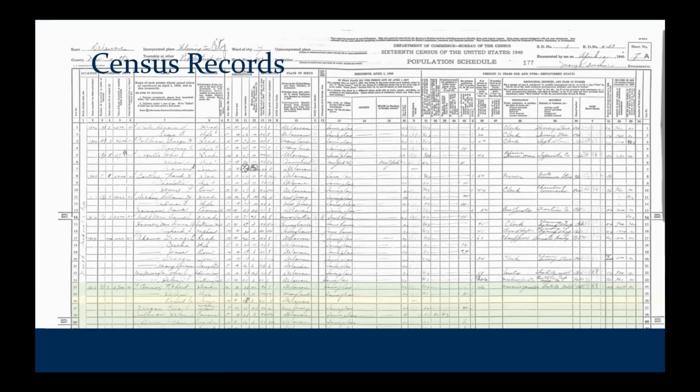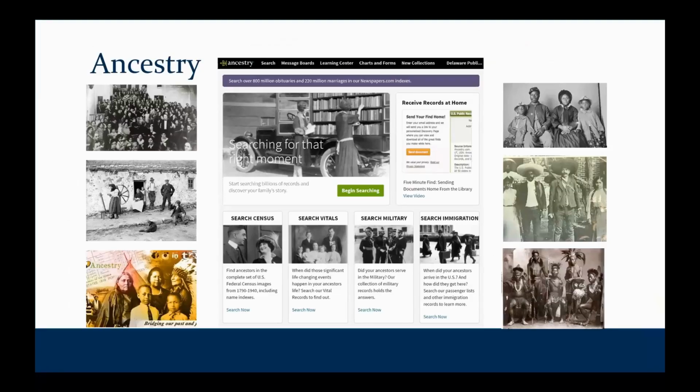We also have census information for agricultural schedules for all 3 counties, as well as industry schedules and mortality and insane schedules for Delaware. And of course, we do within the archive have access to Ancestry, which is the world's largest genealogy site, as a number of our Delaware records are available on Ancestry for searching.